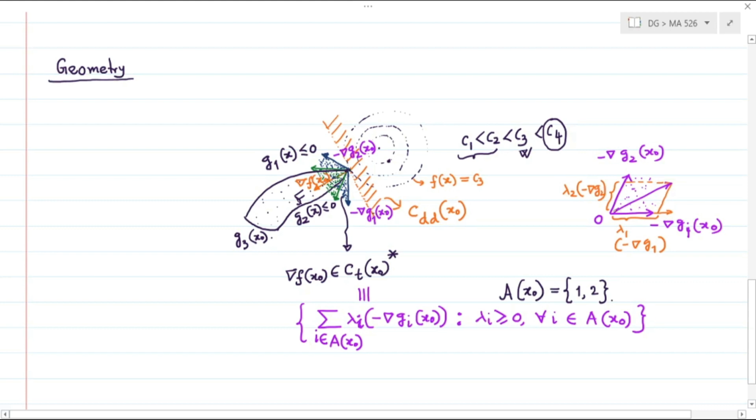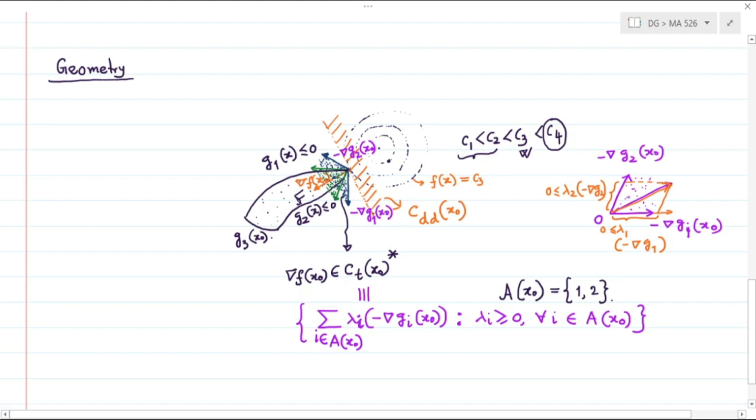So the direction that I have taken here is the diagonal of this parallelogram, where the sides of the parallelogram are these. Here obviously lambda 1 is greater than or equal to 0, similarly lambda 2 is greater than or equal to 0, and lambda 1 times minus grad g1 and lambda 2 times minus grad g2, you add them up, you get this diagonal direction.